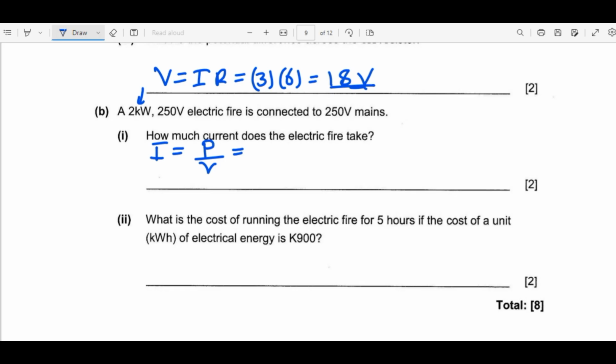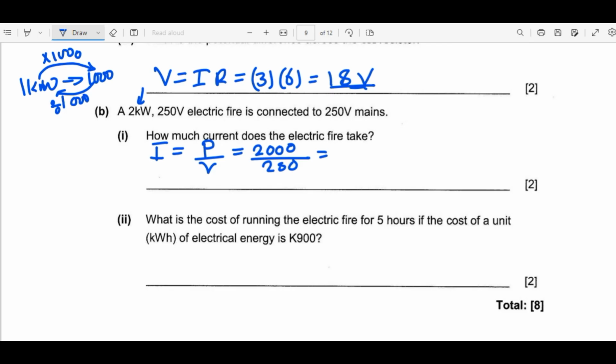You convert from kilowatts to watts by multiplying by 1000, because 1 kilowatt is equivalent to 1000 watts. The reverse, you divide by 1000. So 2 times 1000 is 2000 over 250 volts.